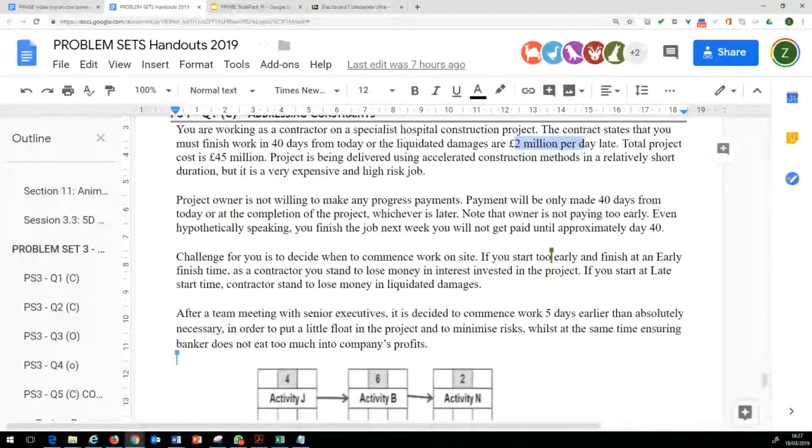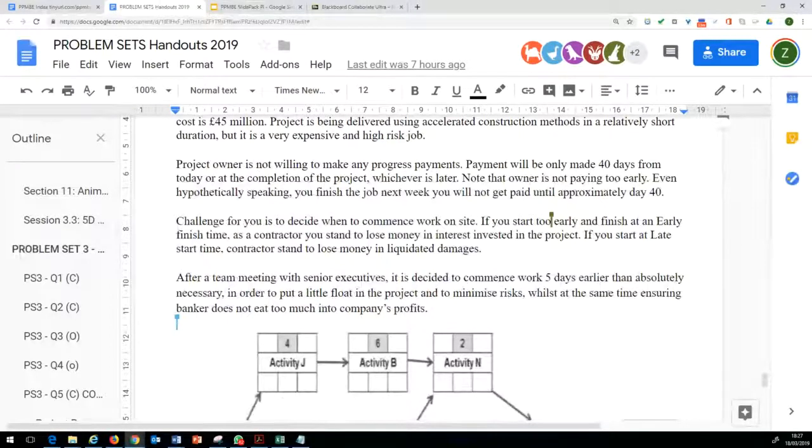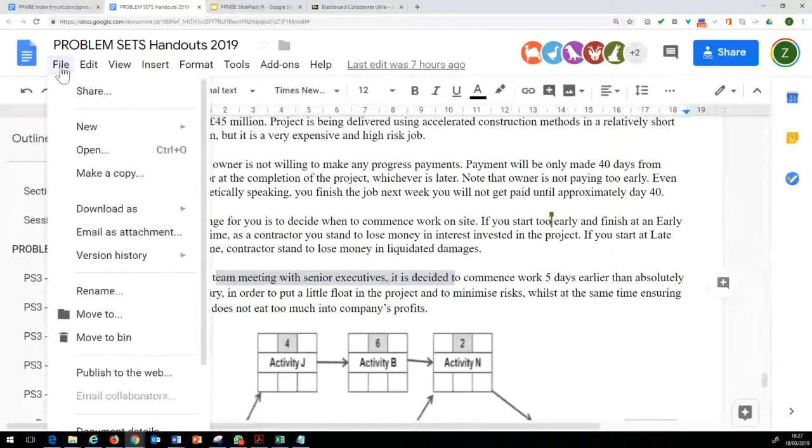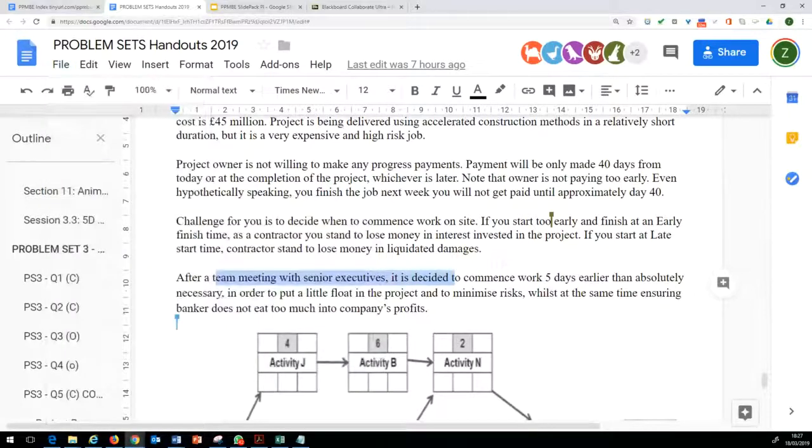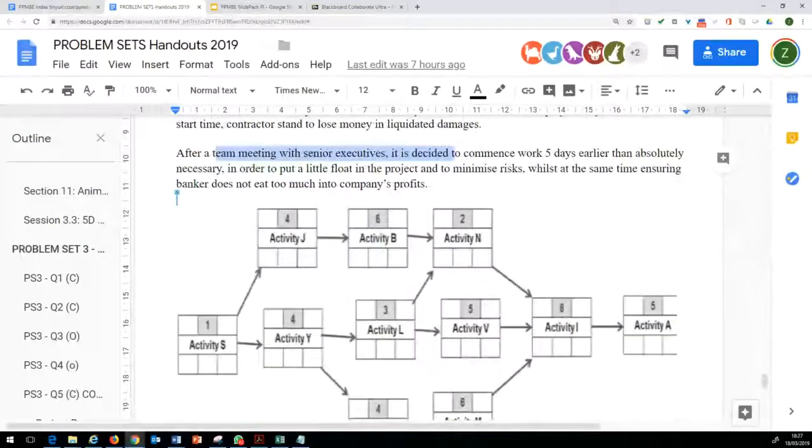Under every situation. So after a team meeting with senior executives, it was decided to commence work 5 days earlier than absolutely necessary in order to put a little float in the project and to minimize risks, while at the same time ensuring bankers do not eat too much into the corporate profits.